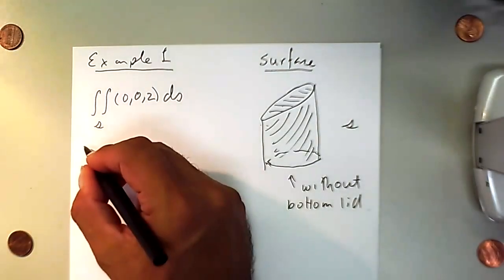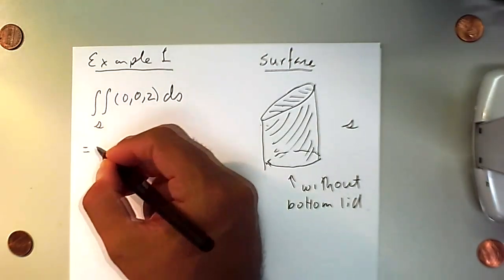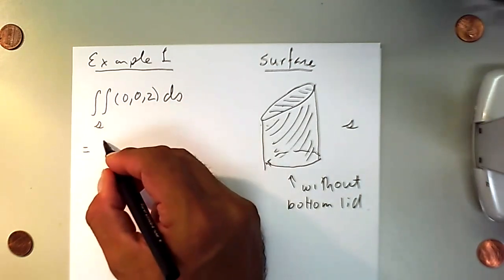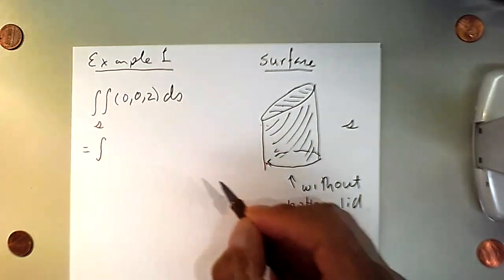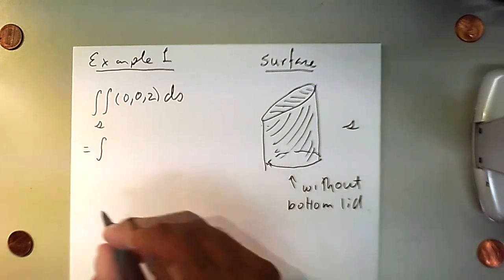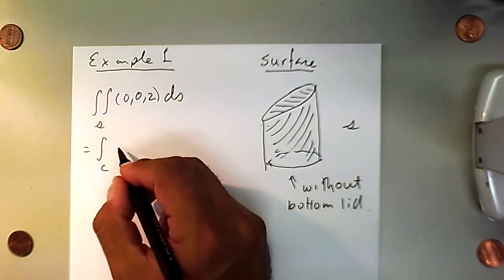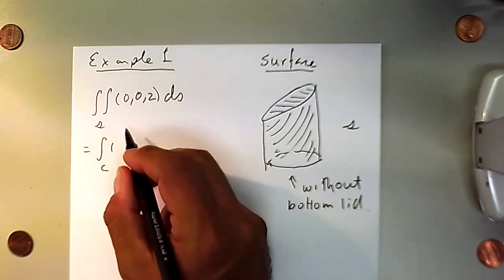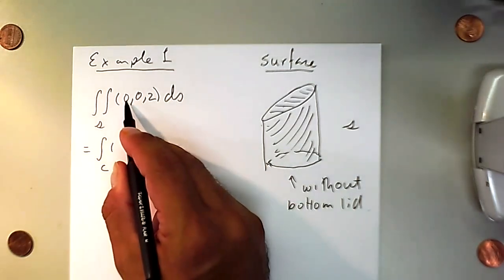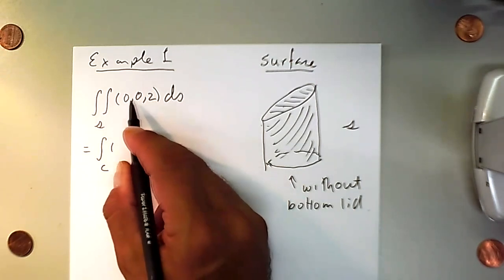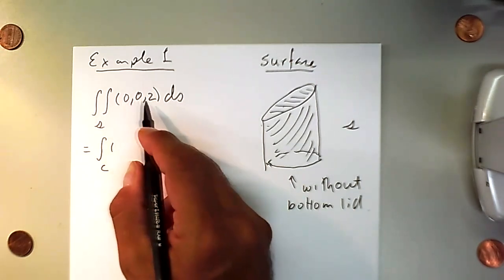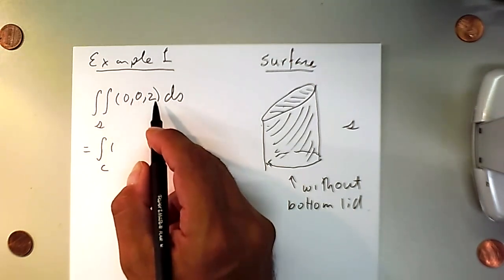Or if we apply Stokes theorem, then we can do this integral instead as a line integral of a... oh, now we would have to have this as the curl of something else.